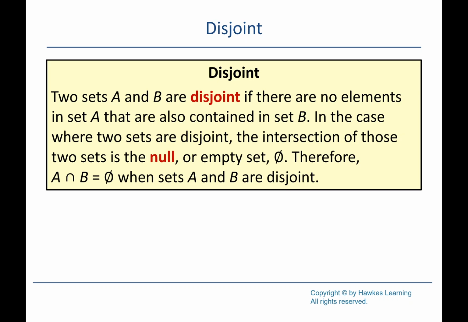So if we're trying to find the intersection, the overlap, and they don't overlap anywhere, we say the two sets are disjoint. So in that case, the intersection between those two sets is the empty set. So there's the empty set popping back up.